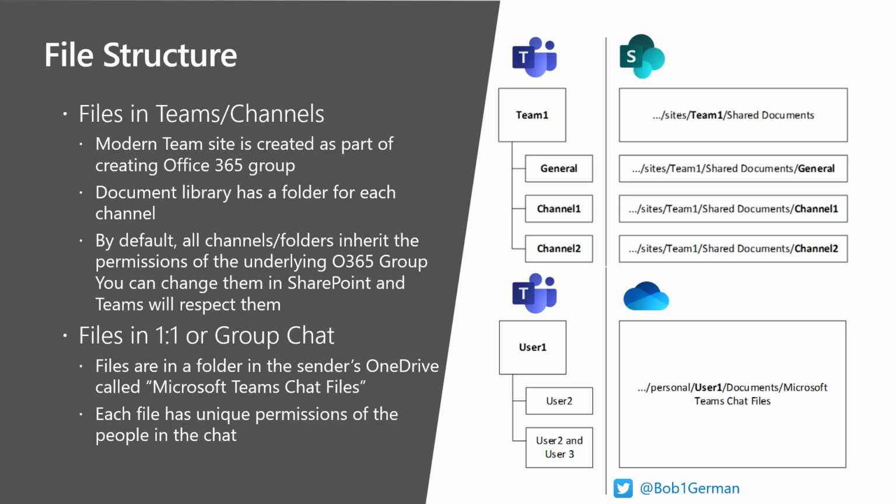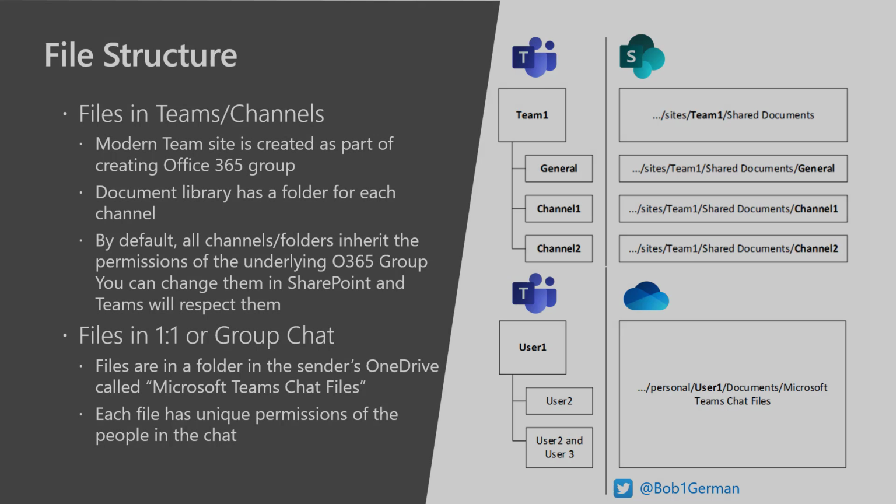This is an important concept for end users to understand too, because if I email somebody a file, usually they just have a snapshot of the file, and if I later update the file, they're not going to get those updates unless I send a new copy. In this case, any updates are actually going to be made to that shared version of the file, and people will just get them the next time they go and look at that file, which is often useful, but you also need to be careful about it, I suppose.